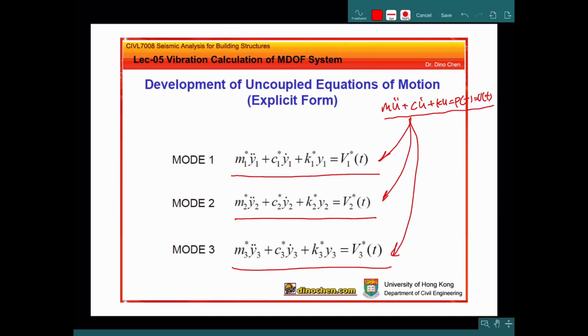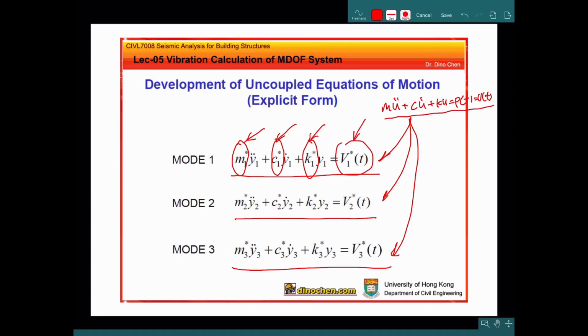But each mode we have certain different mass for each mode, different damping for each mode, and different stiffness for each mode. So these different basic elements of the equation, we call them the generalized mass, generalized damping, and the generalized stiffness. And finally, we equal to the generalized external load.